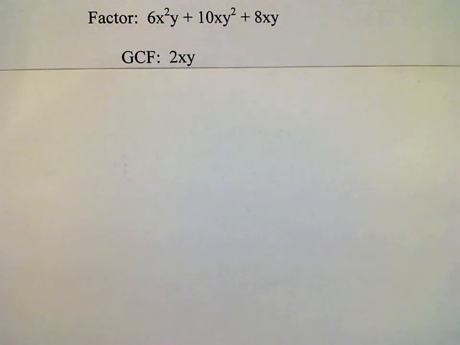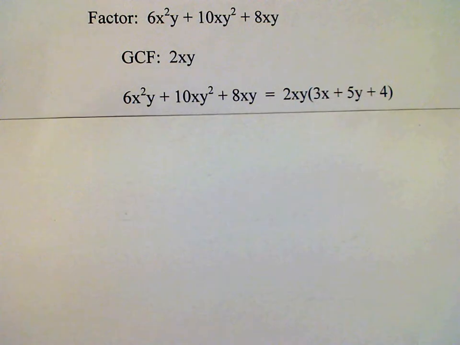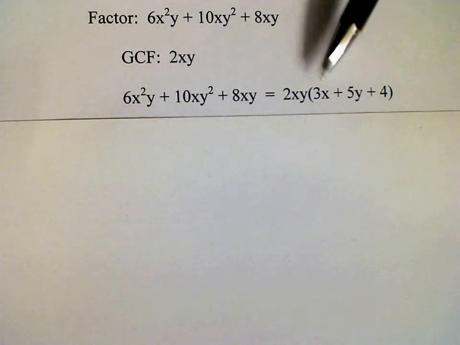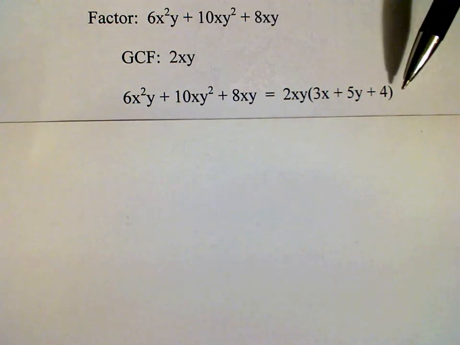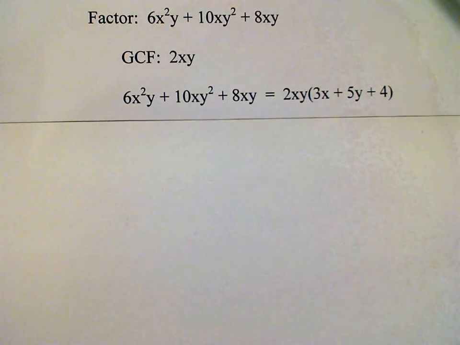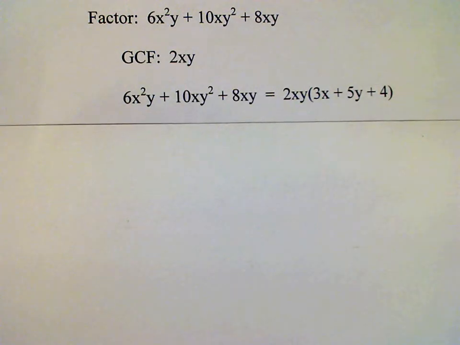When we pull that out, what do we have remaining? Well, 3x from this term, 5y from this term, and just 4 from the last term. So this is the factored form for that polynomial.